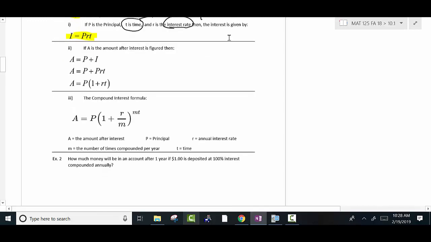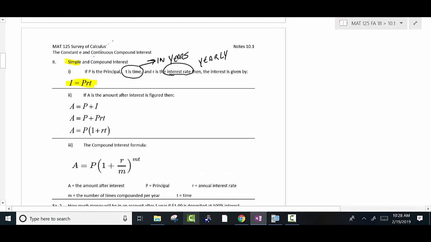Okay, then the next thing is this formula here, A is the amount in your account after interest. So if you just take the principal and add the interest, then you get the amount that would be in your account. You take the principal, add on the interest. So if it's like a savings account, that's how that will work.